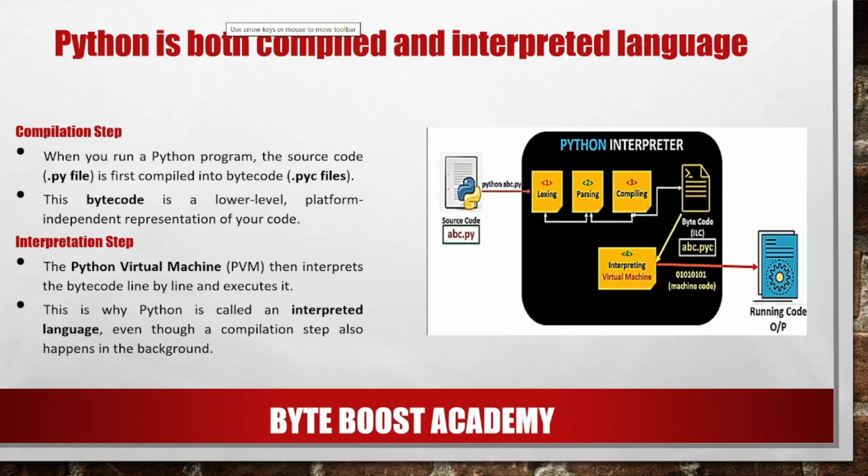Then it will be transformed into bytecode, that is the intermediate code, and it is written as .pyc in Python. Then it will be interpreted. Who will interpret it? It will be interpreted by the Python virtual machine, and it will convert it into machine code, and then the processing will take place, and we will get the desired output of that running code.